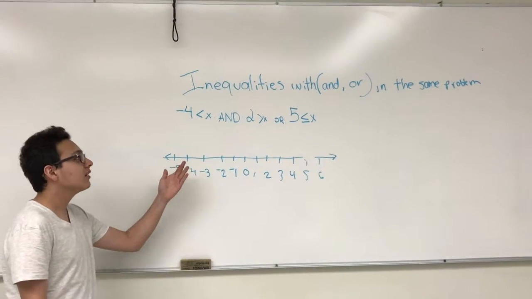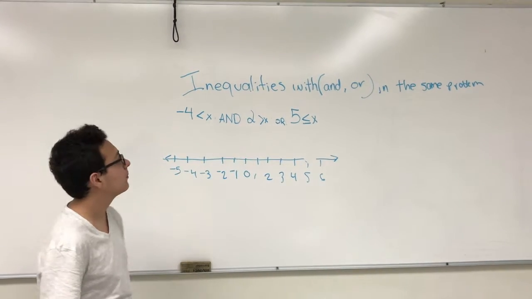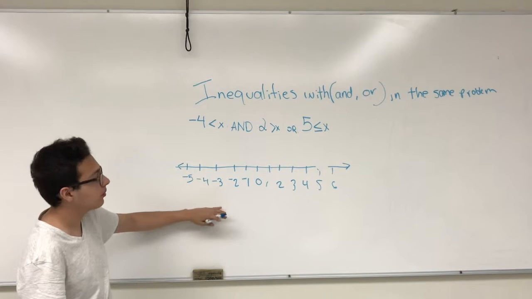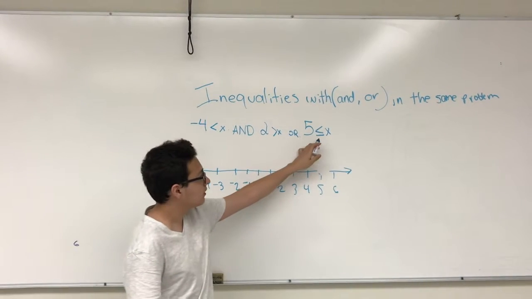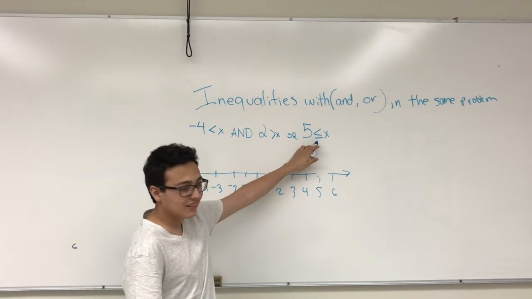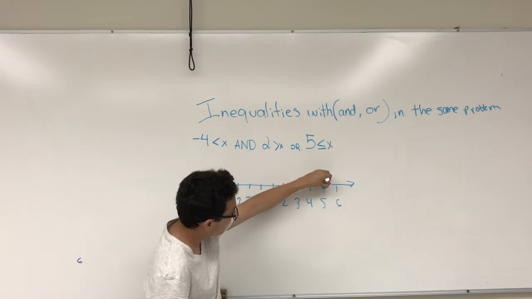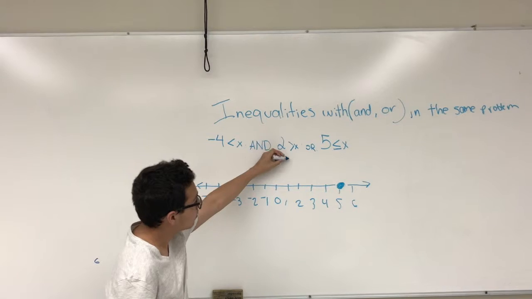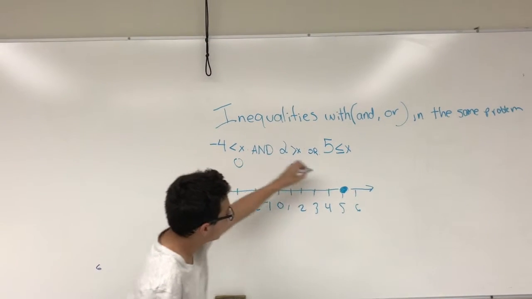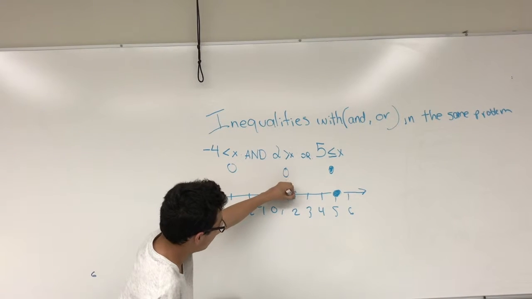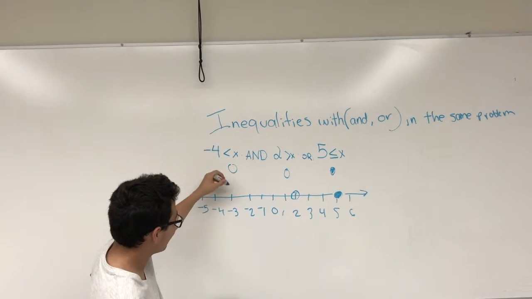We will be learning inequalities with and or in the same problem. Well, here we already have our solution. We just simply have to plot it on the line. Okay, this is less than or equal, so we plot it here with a closed circle. This one is with an open circle. Okay, so we plot it here, and this one, we plot it here.